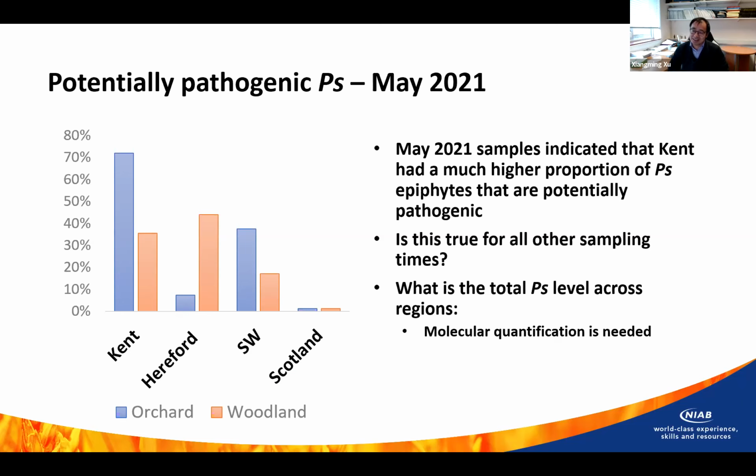So the question we are asking is, is that because the total population is so low in Scotland that we couldn't get many isolates out, or maybe simply because the proportion of isolates with potential pathogenicity in Scotland is so low because of temperature? So that's one of the key questions we have to try to answer, and get further funding to answer that question. That really has direct relevance to cherry production in different regions.